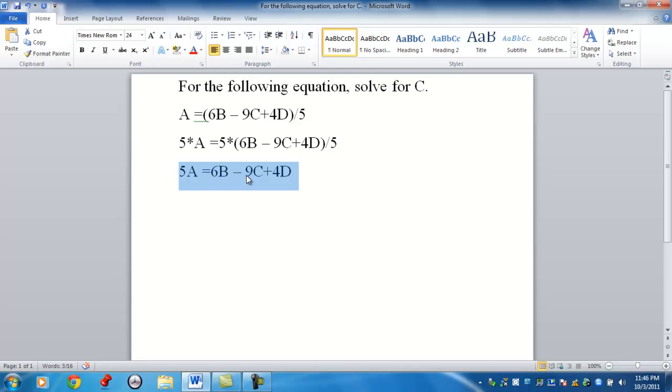If you've got a minus sign in front of that 9C and you're trying to isolate it, again, the goal is to balance the equations. So add the opposite of minus 9C, which is a plus 9C, to both sides.